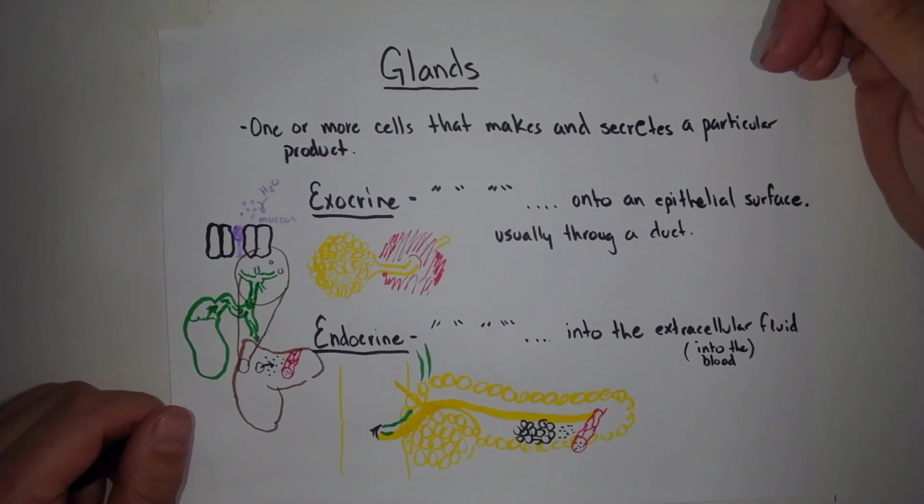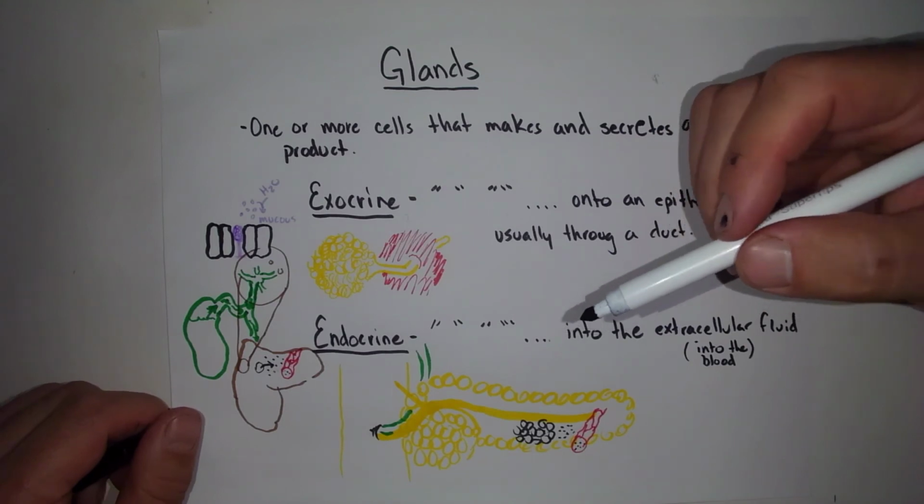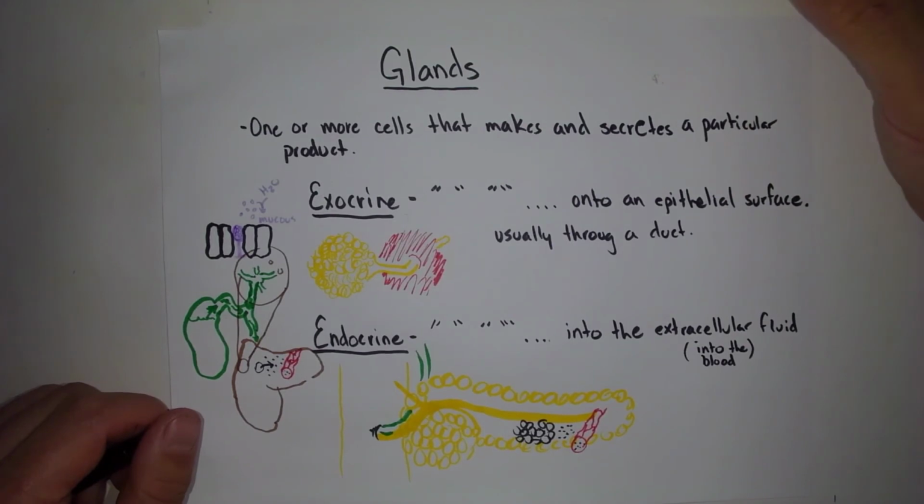So don't get too bogged down if we mix in a little bit of exocrine with endocrine, provided that you know these strict definitions for each, and then you can understand the perspective that somebody's coming to the conversation with.